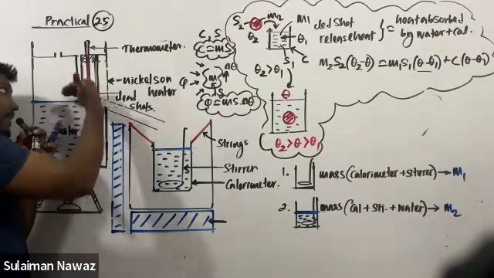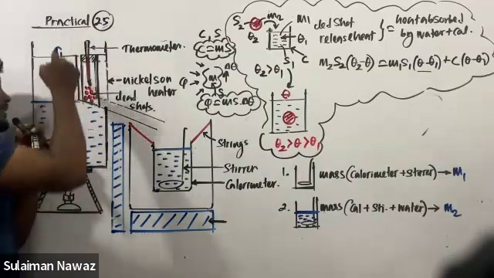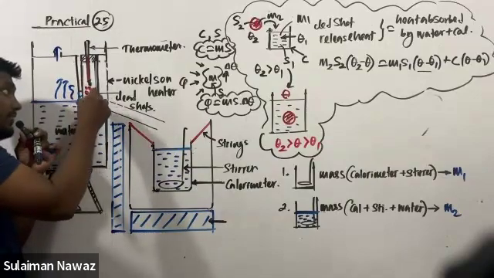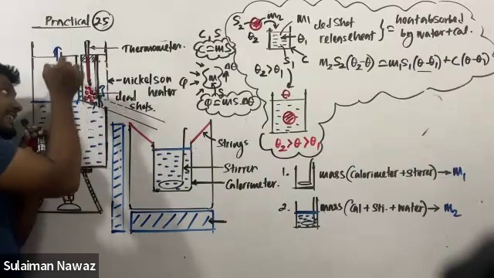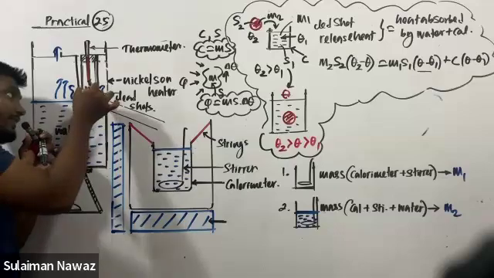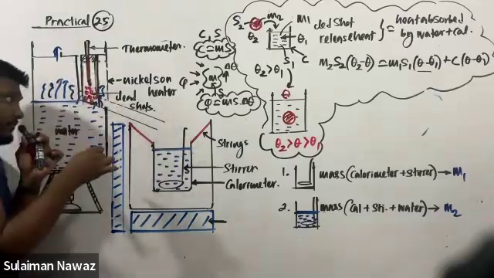When this water vapor comes out to the surrounding and passes through this region, the lead shots also obtain the temperature of the water vapor, which is 100 degrees Celsius.